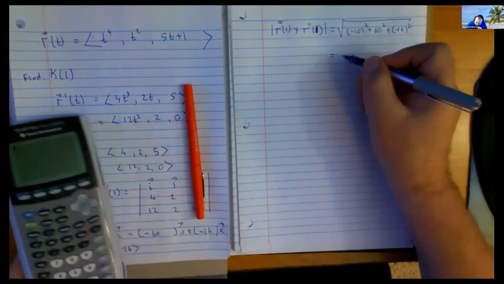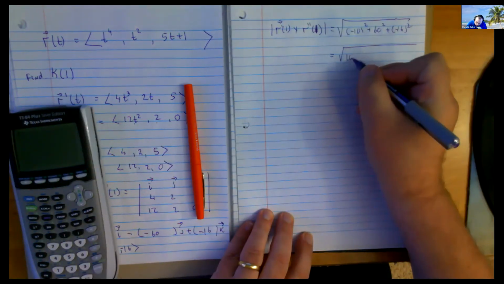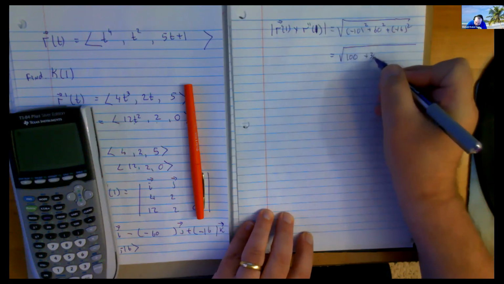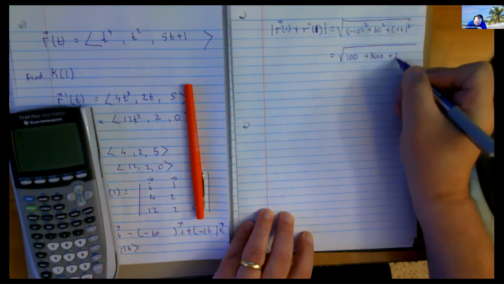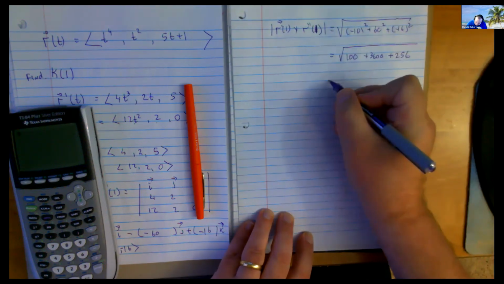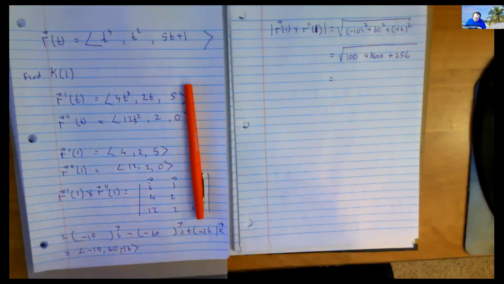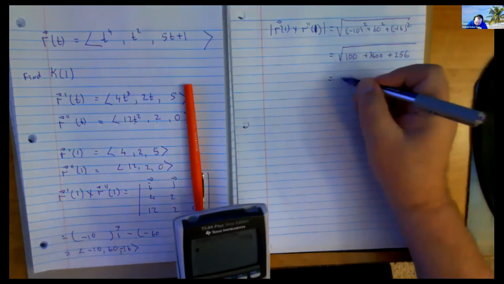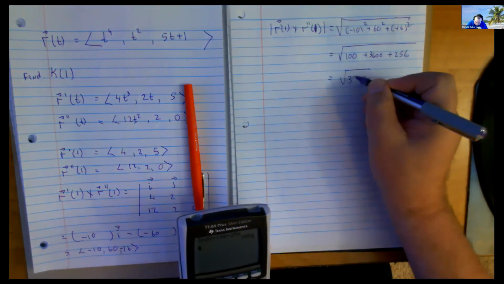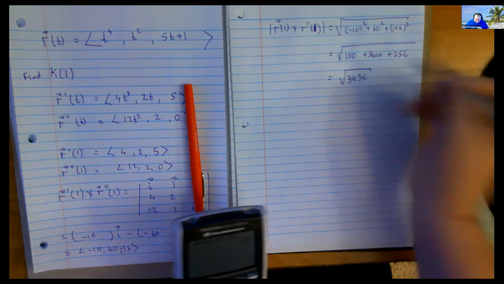Well, I guess I should put this in since this is for notes. 100, 3600, and 256. You should all be amazed that I could actually do that in my head and do it correctly. 3600, add 100, add 256, and I'm getting the square root of 3956.